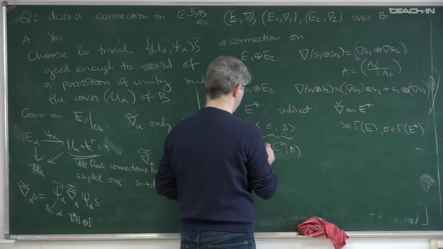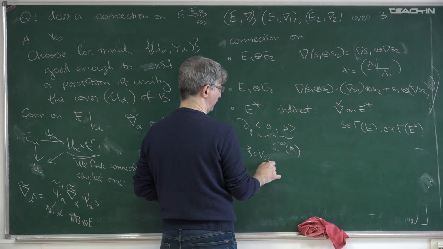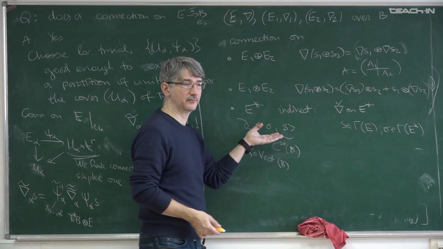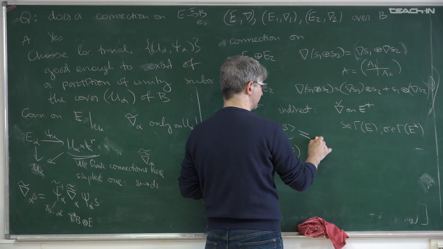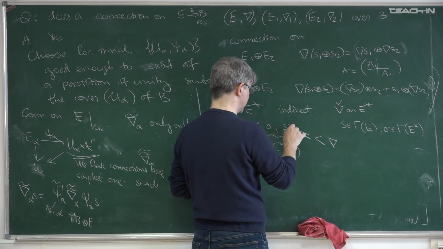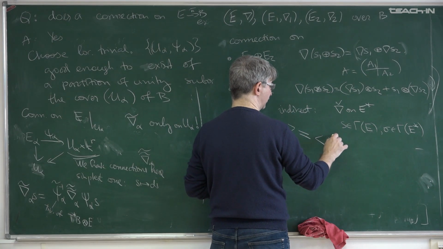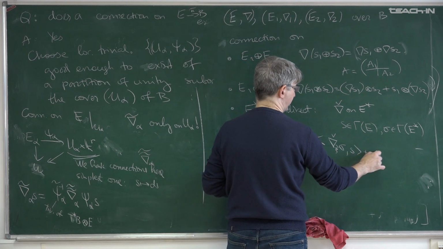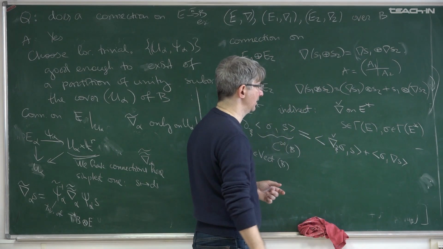Then I can take the derivative along a vector field on the base. So it should be a function again, but the indirect definition says that the derivative of this function is just this expression.